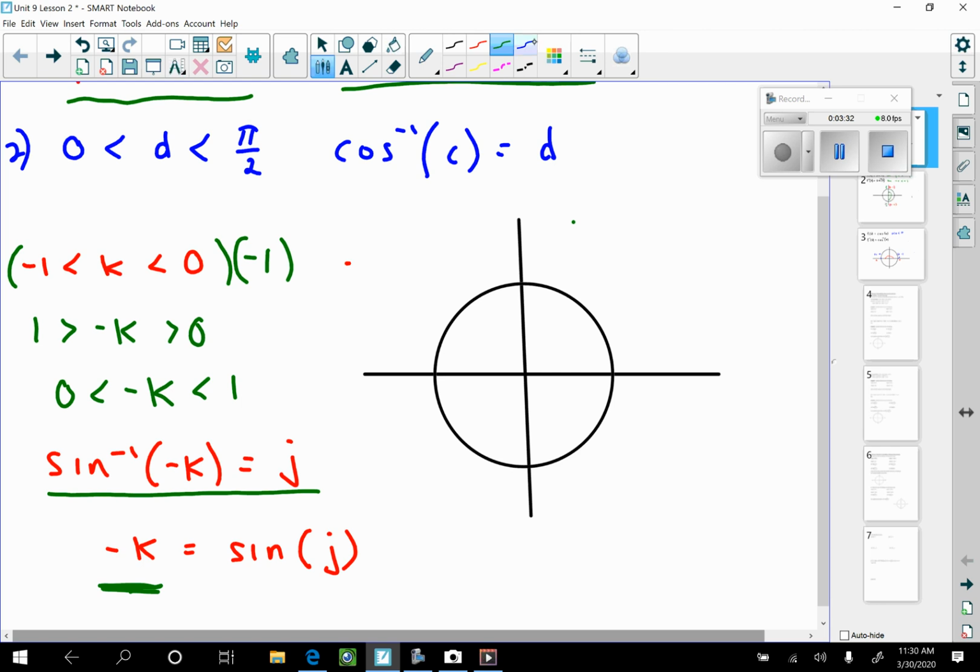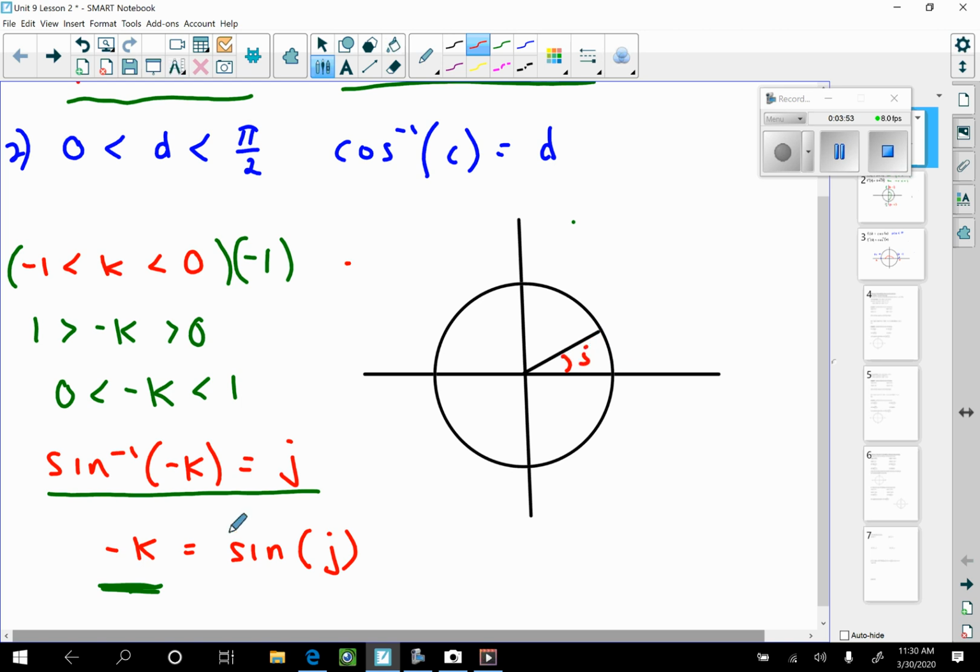So what I'm going to do here is create a line, try to get it from the center there, and that's going to be my terminal angle. And I'm going to denote this angle right here. I'll do it in the same color. This angle right here is j.